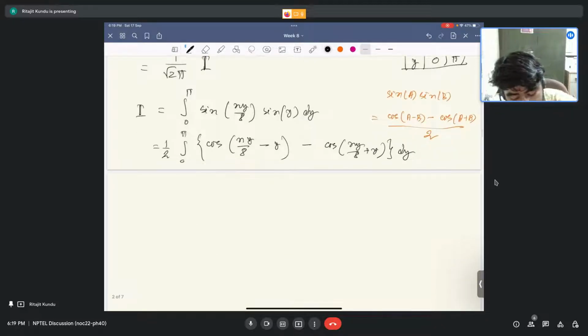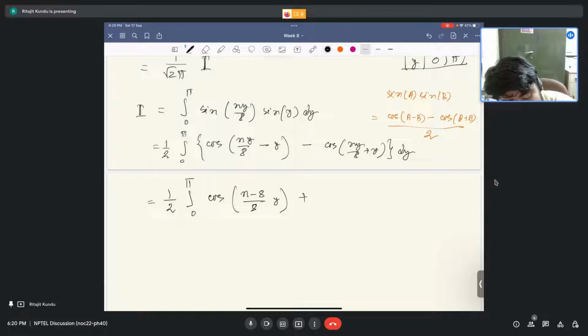Now it becomes easier, as we just have to do two cosine integrations. This becomes cosine of (n minus 8) by 8 times y, and cosine of (n plus 8) by 8 times y.